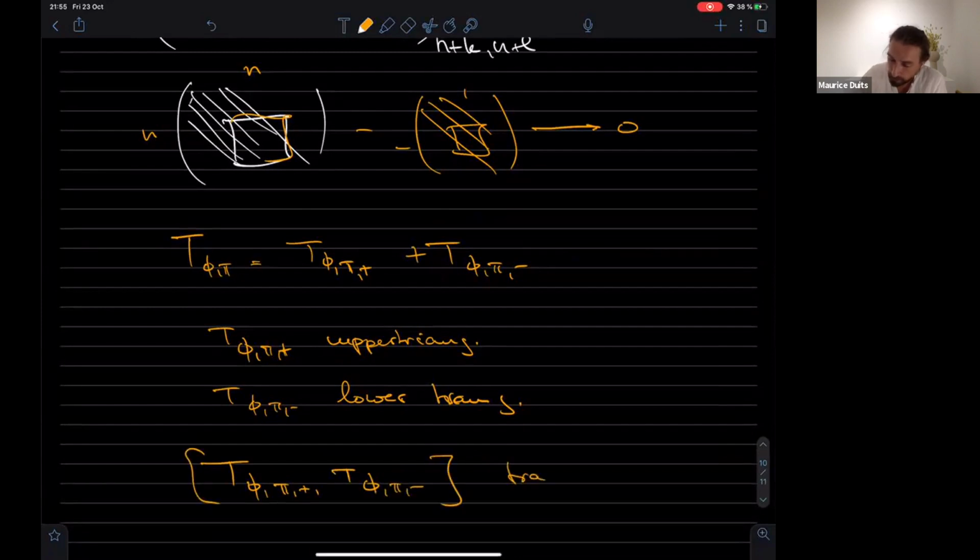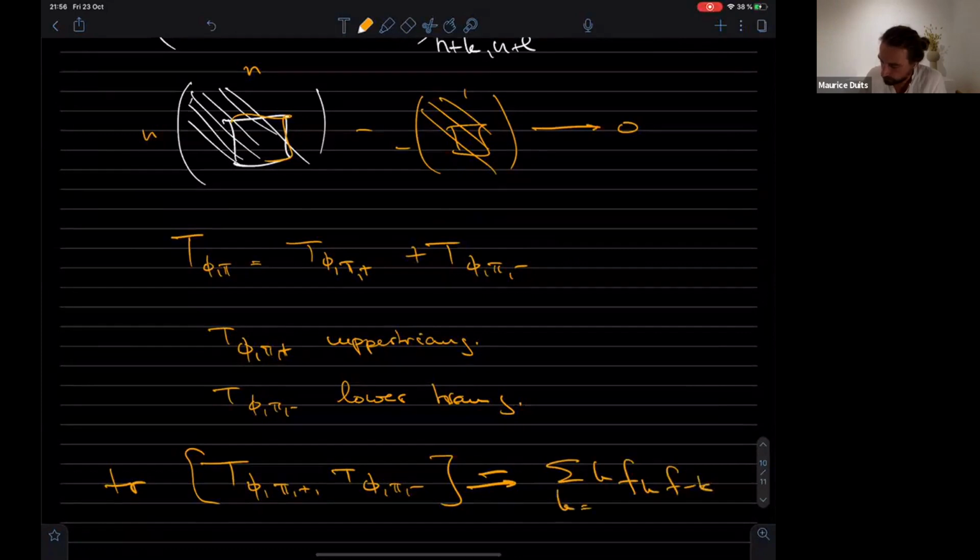Actually it is finite rank if you have polynomials. So the trace of this will be exactly equal to the sum of k times f k, f minus k. It's finite rank because we're working with polynomials only. So this is something that we could prove.